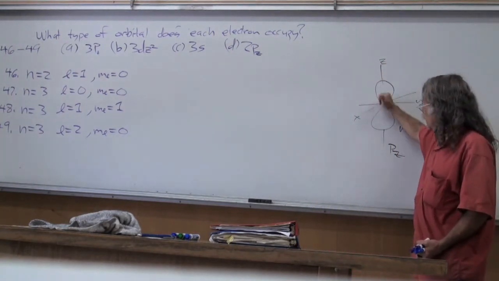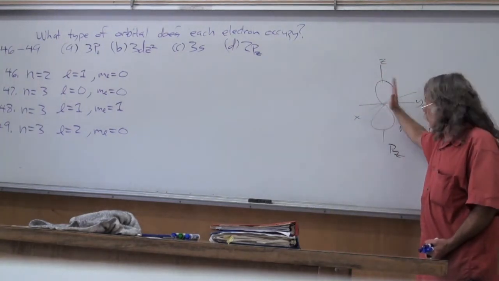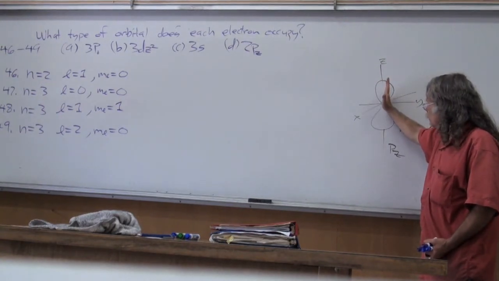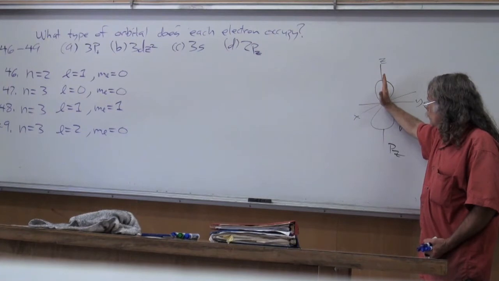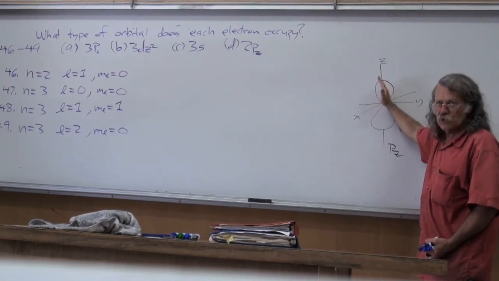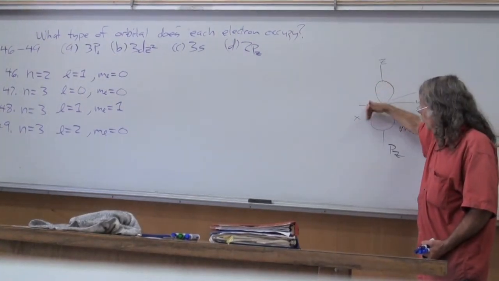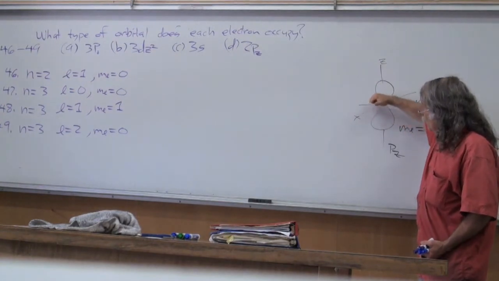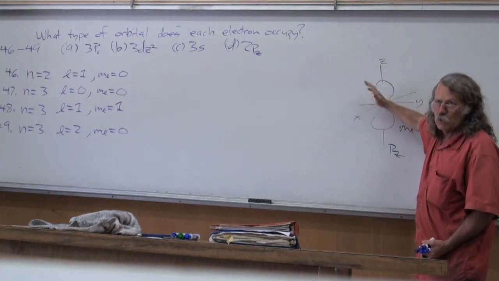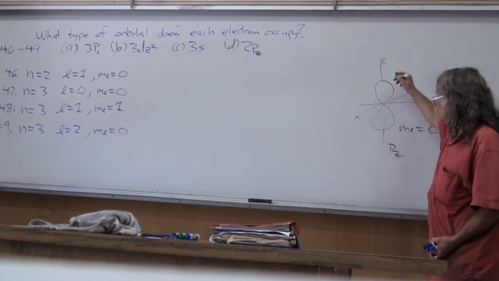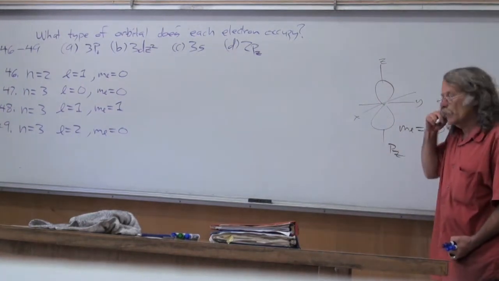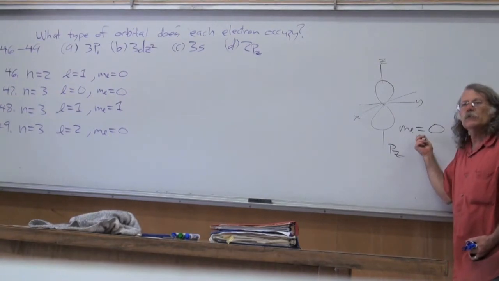If I were to push my fingers towards the electron density and swing it around, the axis I'm rotating about lies in the xy plane and has no component in the z direction. And so it corresponds to m sub L equals 0.